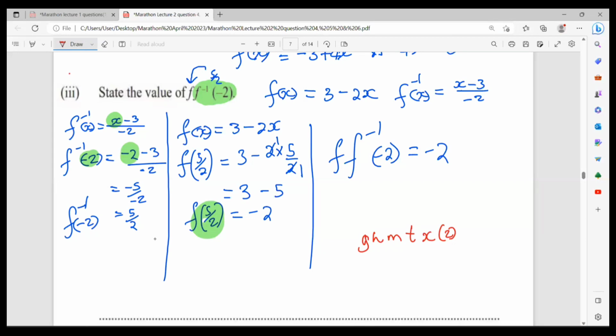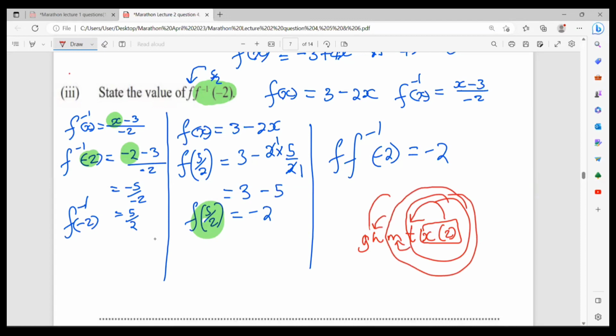This is saying that I need to find this first, and any number that I get, I put it in this one. Any number I get after that, I put in this one. Any number I get after that, I put in this one, and I'm done.